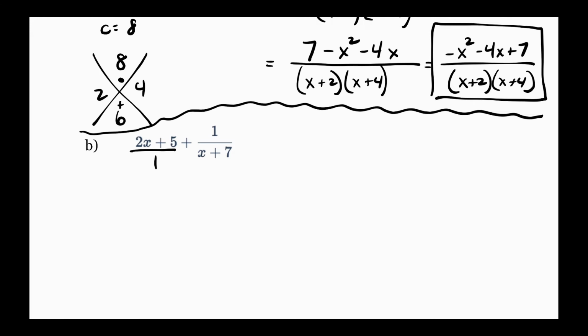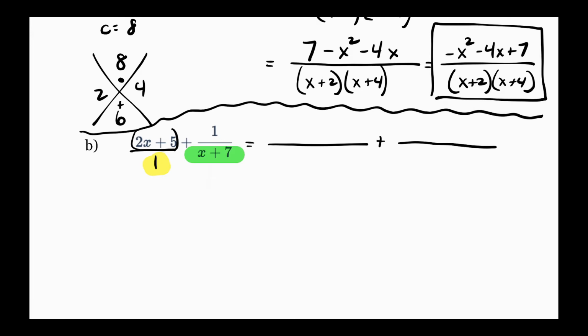I'm going to put parentheses around these guys because they're together. So now the first step is to factor the denominators. Start with the yellow. 1 is a monomial.